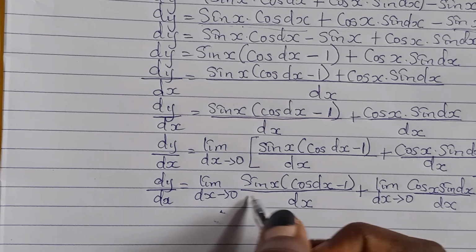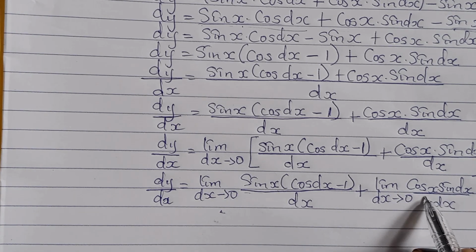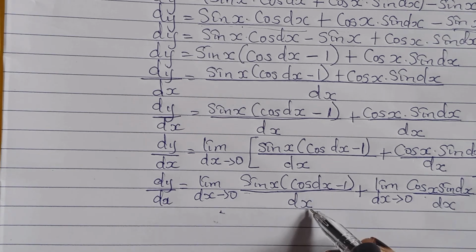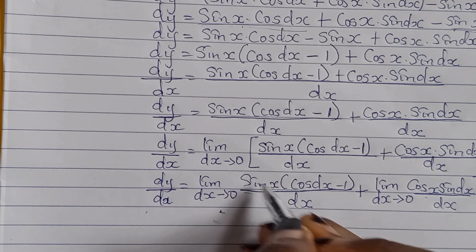Now, as it is here, sine x is like a constant and cos x is like a constant. The ones that have dx in them are the variable part, so we are going to bring this out.